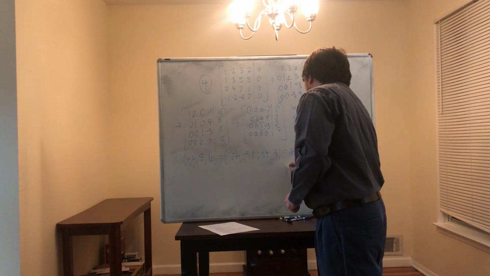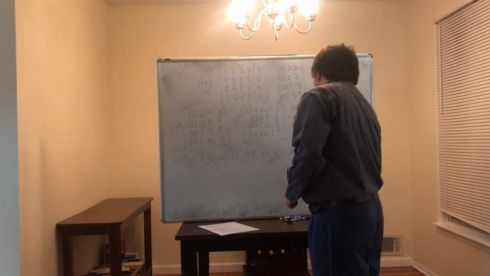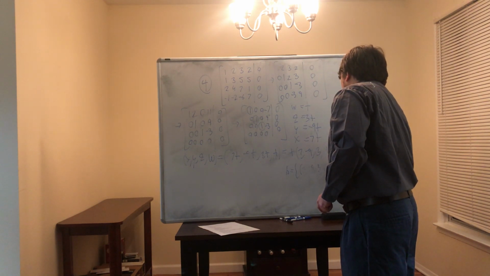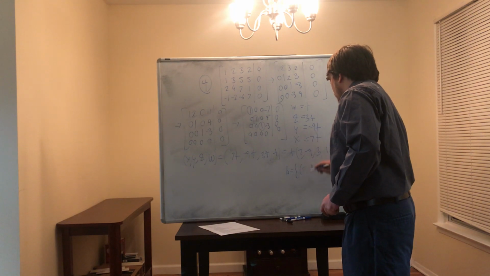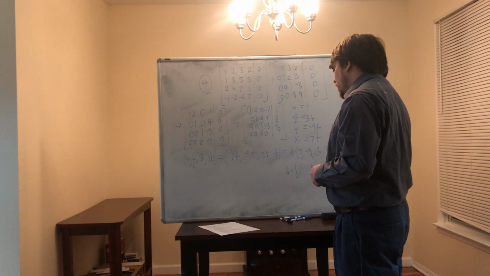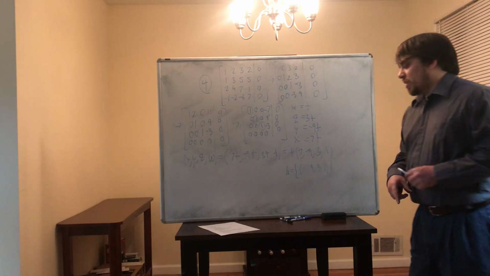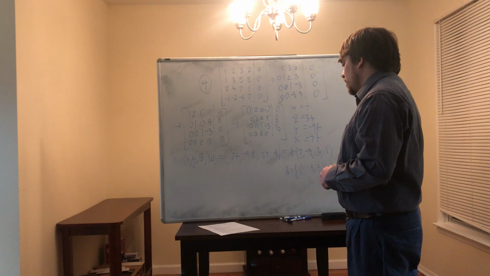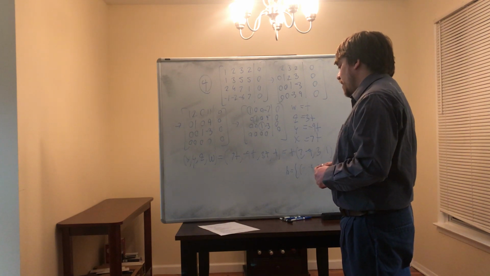So a basis to this linear system is the set containing the one vector 7 comma negative 9 comma 3 comma 1. That's one basis. That's a basis for the solution space of the homogeneous system. And so since this basis contains exactly one vector in it, that means the dimension of that space is 1.